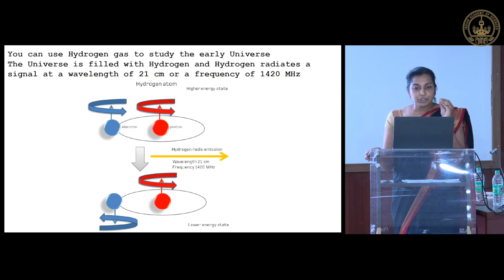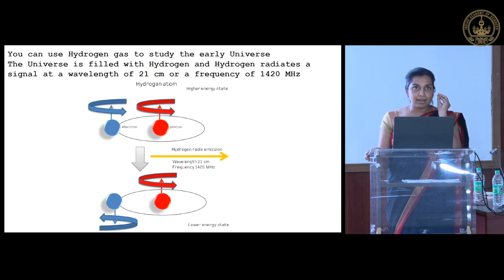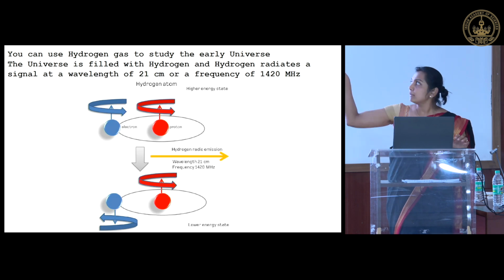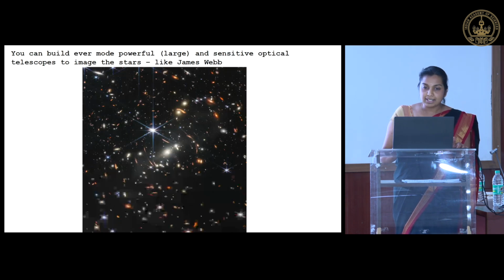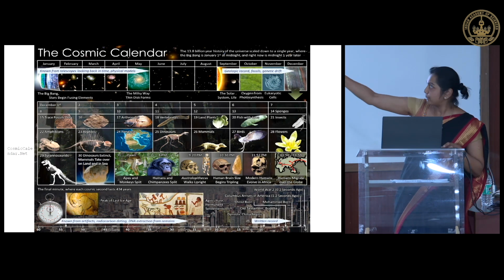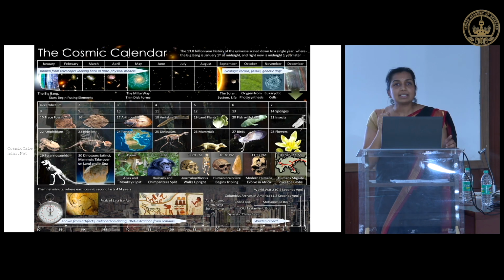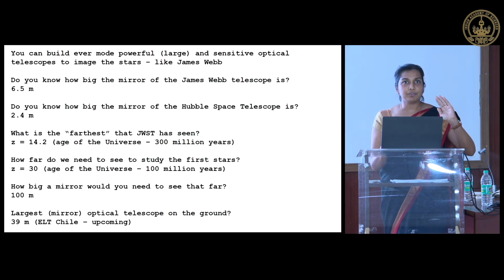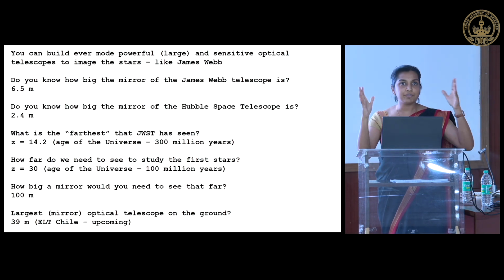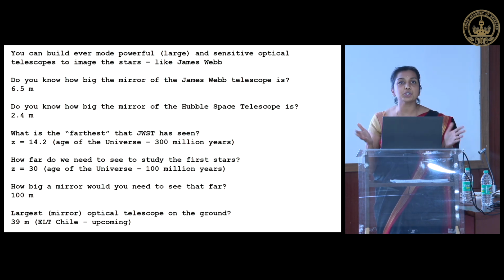So we want to use the 1.4 gigahertz emission from neutral hydrogen coming to us all the way from February, basically when the first stars formed, trace that process all the way to maybe March, April, okay, and see what's happening with all the hydrogen in the universe, and that will tell us the process of formation of the first stars and their evolution over the first generation of stars.